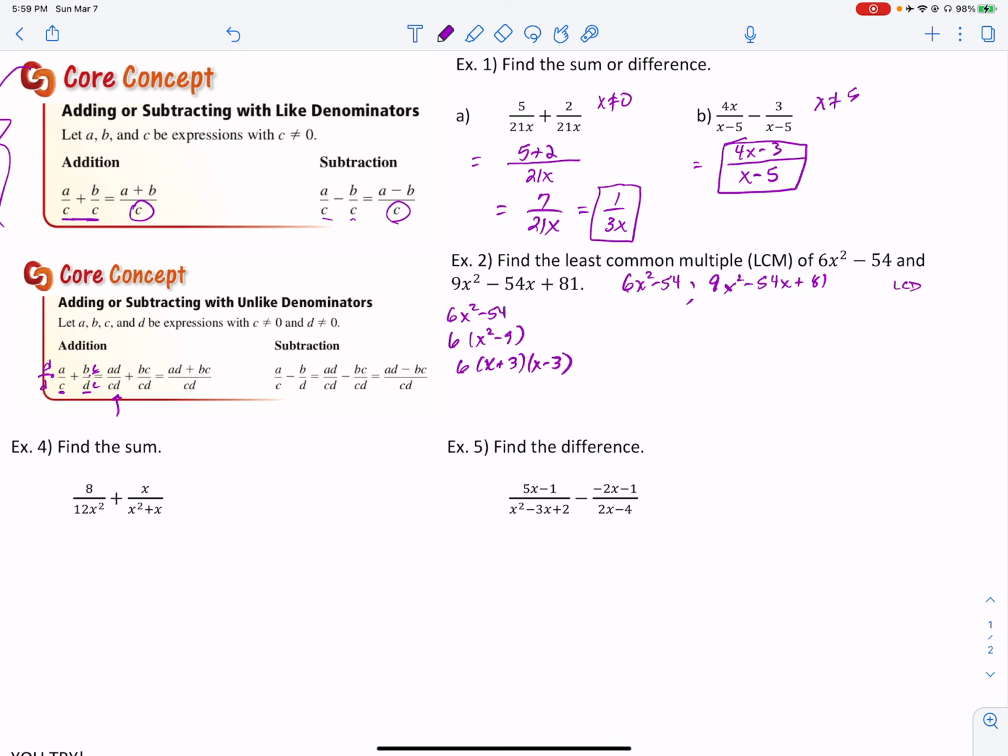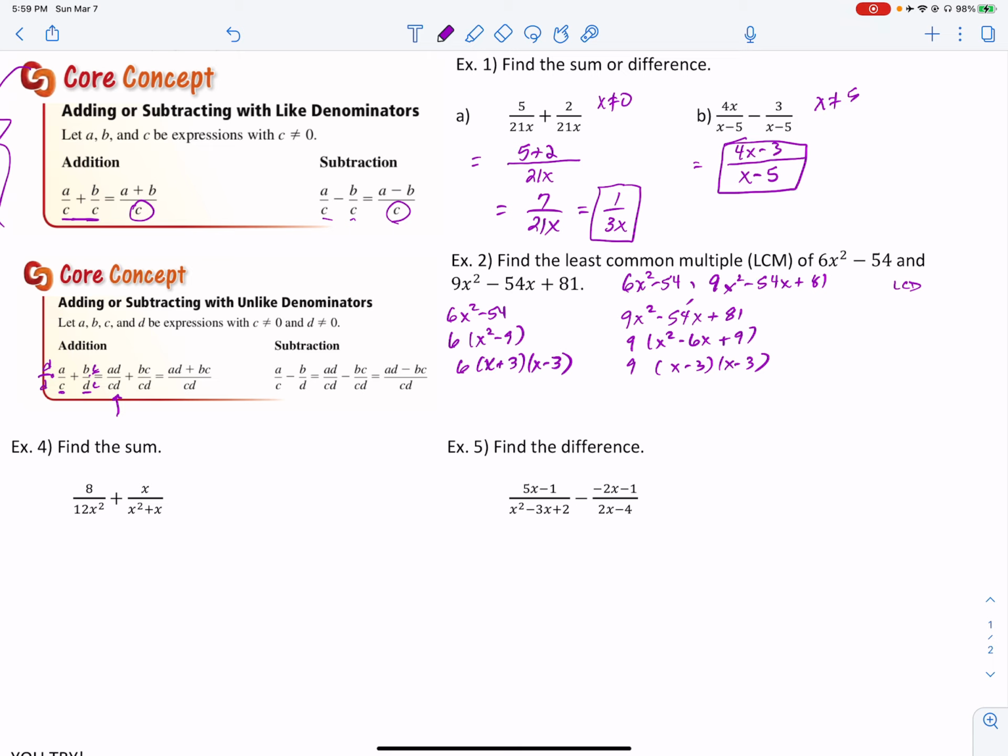So those are the factors for it. So then for the 9x squared minus 54x plus 81, you can take out a 9. And then that factors into x minus 3, x minus 3.